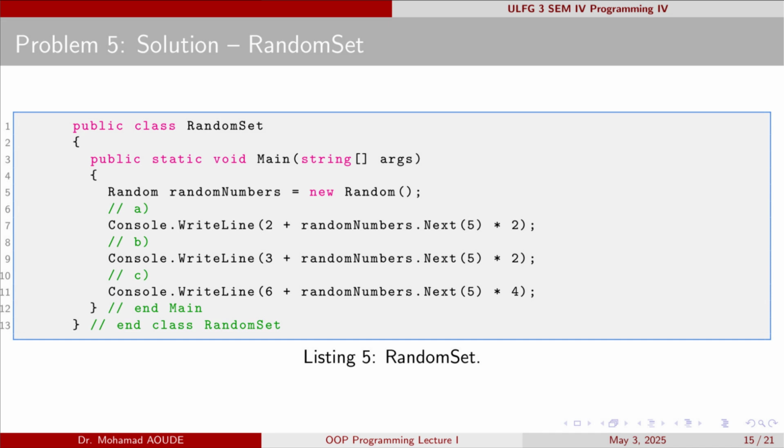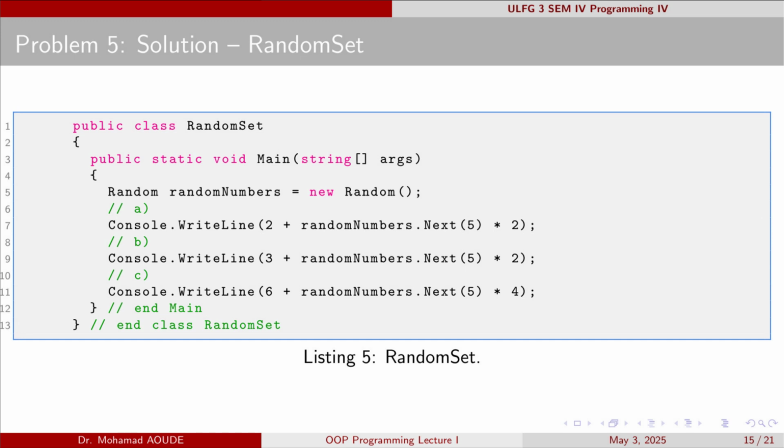Goal: generate a random number from a specific set, like 2, 4, 6, 8, 10. Here, instead of just generating numbers from a continuous range, we want specific spaced values. We realize the numbers in that set are all even, starting from 2, spaced by 2. 2 + 0 times 2 equals 2. 2 + 1 times 2 equals 4, etc. So we use 2 + 2 * random.Next(5).